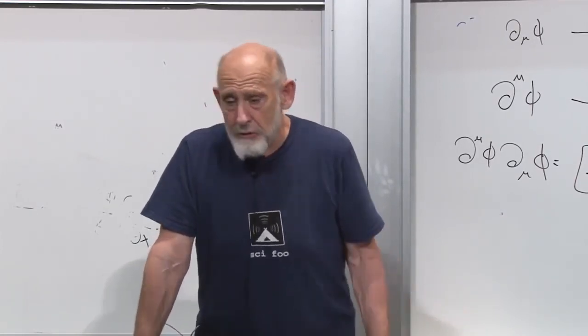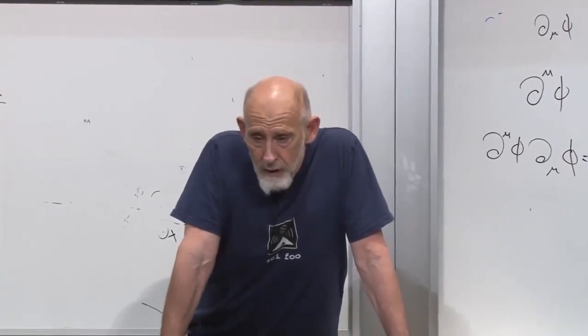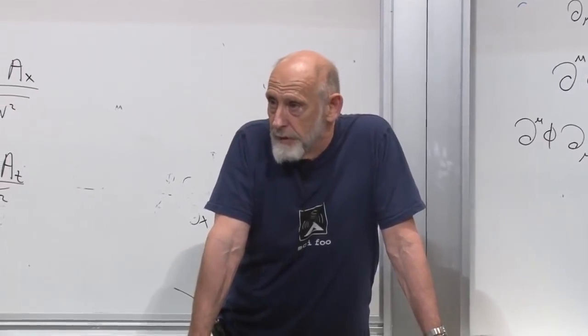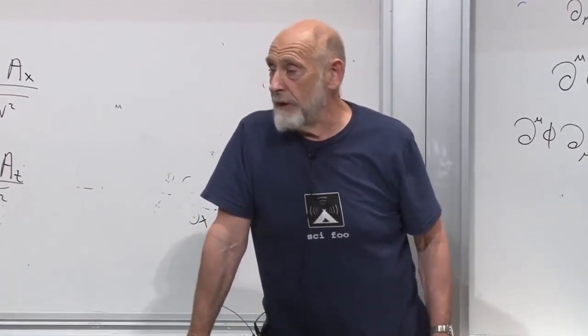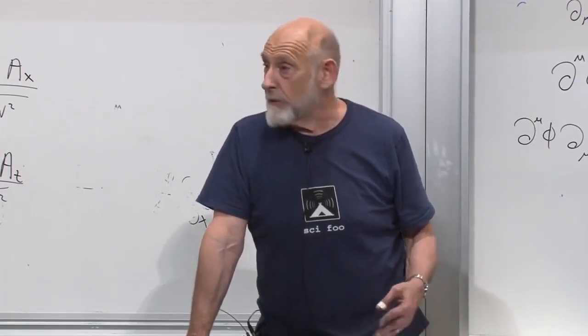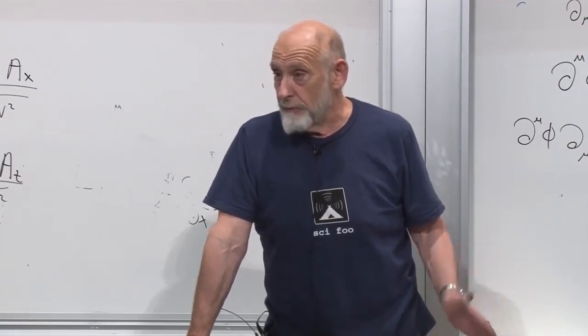So energy density is a good example. There are lots of them. The time component of a forward velocity of a system is not the same in different reference frames.